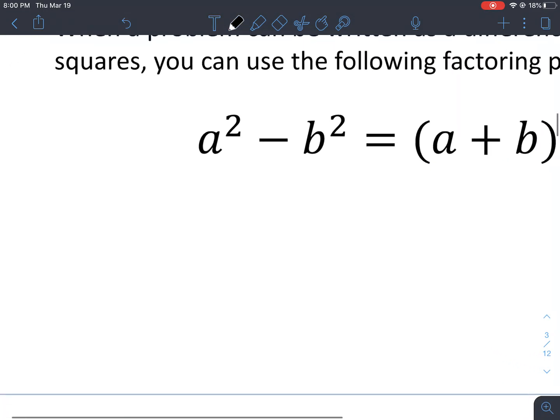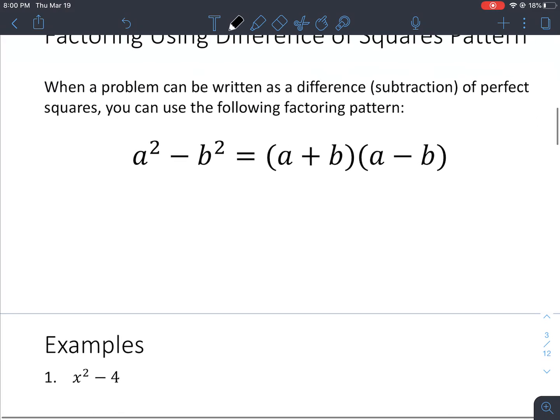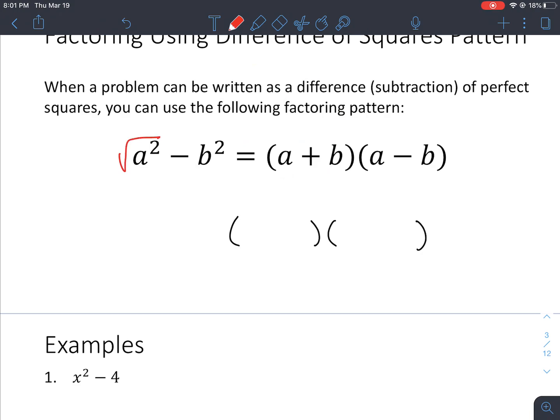When we have this difference of squares, notice there's no like bx in the middle. What we have is our first set of parentheses, second set of parentheses. We are going to take whatever the square root of a is, and we're going to drop it in right here and right here. So for example, the square root of a squared is just a. This square and that square root cancel out.